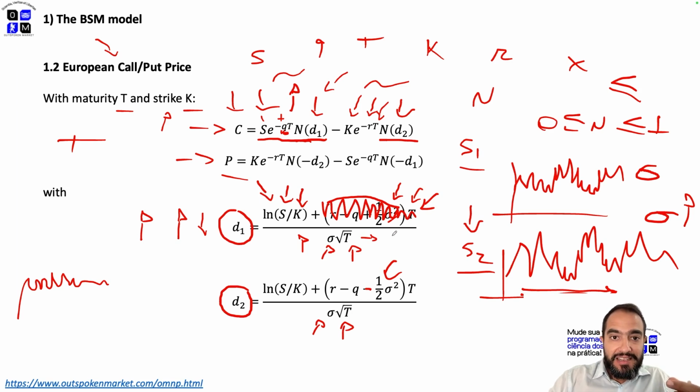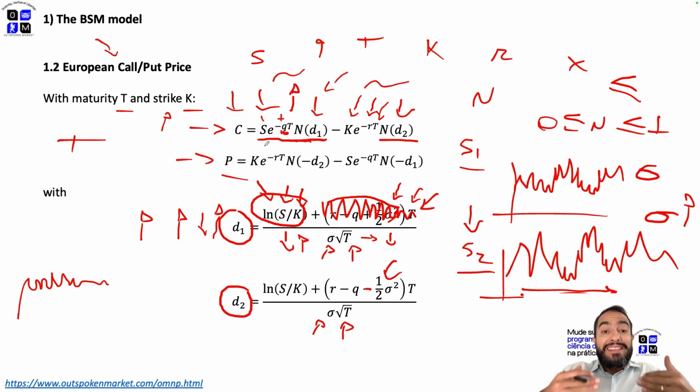And since T is getting really, really small because we are approaching the expiration date, the denominator gets really low, increasing the D1, but what factors eventually would be the price over the strike, compounding the call option. That is the reason that the closer you get to the expiration, the movements in the price are going to be extremely aggressive and driven by the proportion you have between the stock price and its strike.